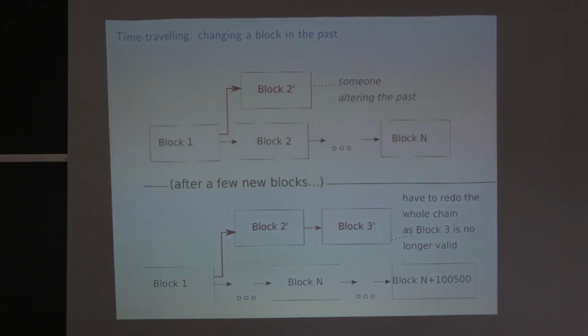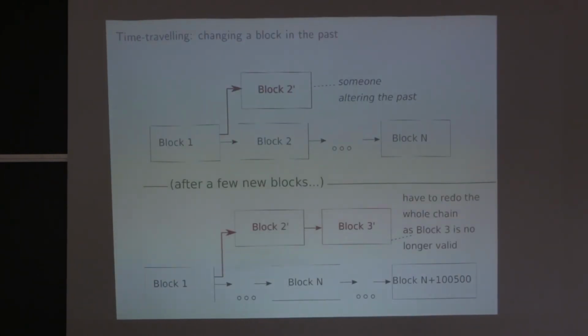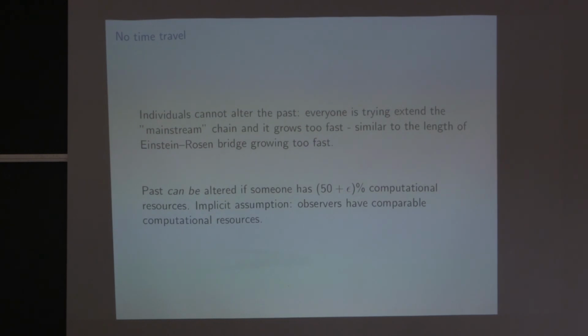So this is why you want to choose maximal complexity and not minimal complexity. In principle, you could travel back in time if everybody decided that that's a good thing to do, right? Because then they stop extending that branch and just do another. Yeah, right. This is my next comment. So this is a picture where you cannot change the past simply because the future extends too fast. It's similar to the growth of the Einstein-Rosen bridge. You can think about the fact that you cannot cross it because it grows with the speed of light.